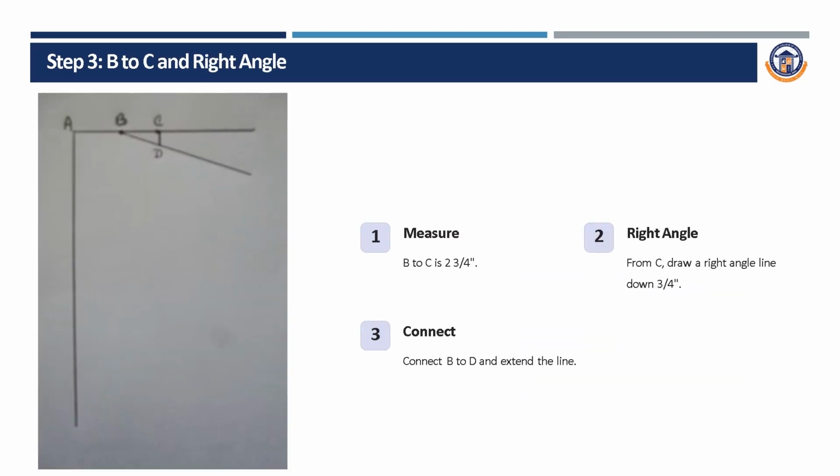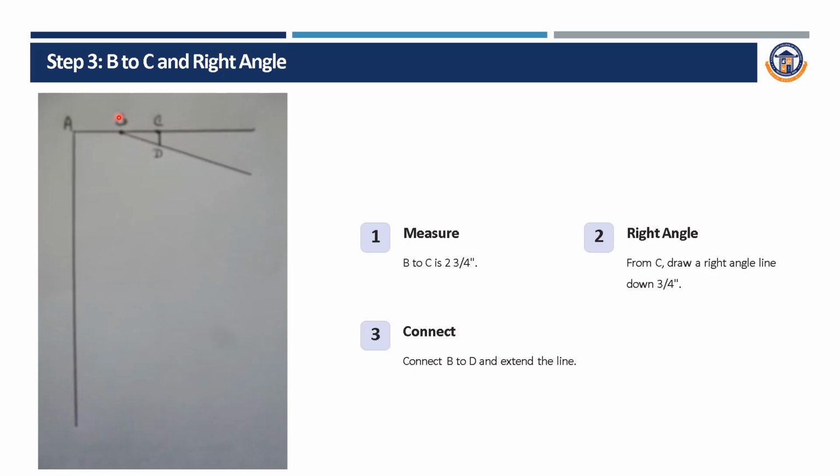Step 3. From B to C, measure 2 3/4 inches and mark the point. Then from C, draw a right angle line downward by 3/4 inch, 0.75 inch, to form the neck depth, which is shown here.